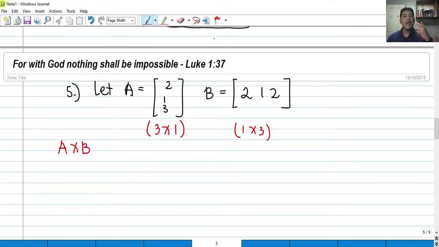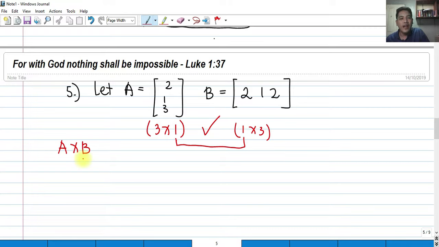You need to find the size or the dimension of both matrices, in order: A times B, size of A, size of B. So if the number of columns of matrix A is the same as the number of rows of matrix B, then we can multiply those two matrices. If these two values are the same, for A times B.